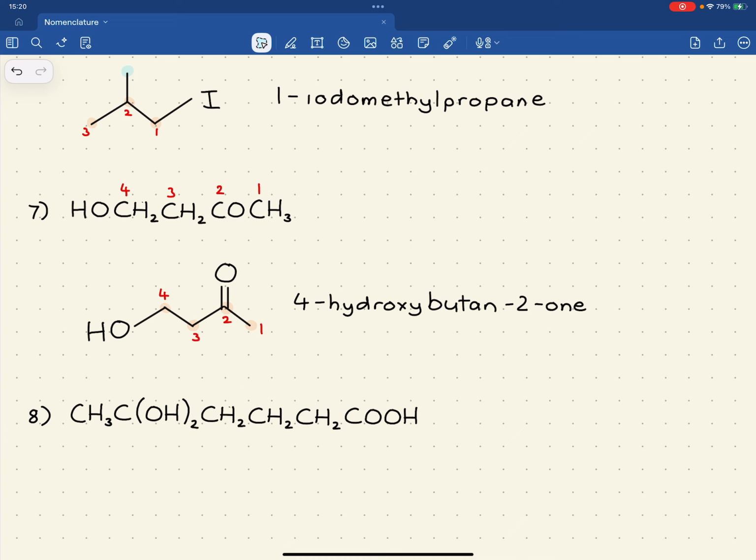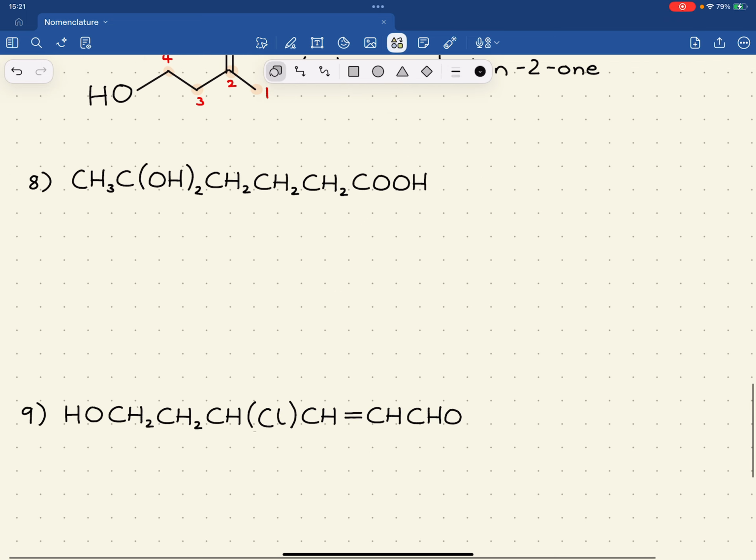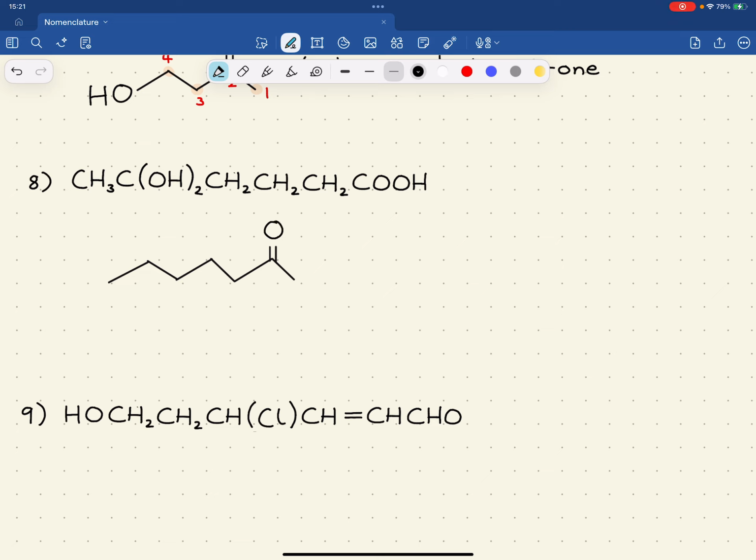Okay, let's have a look at this next one. Again, we'll draw this out as a skeletal formula. So we've got this carboxylic acid here, and we've actually got two alcohol groups. Let me try and line it up correctly.